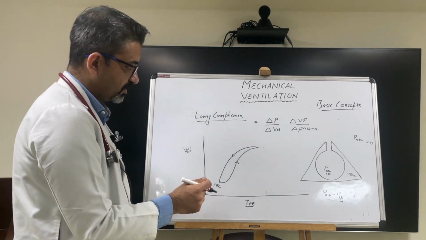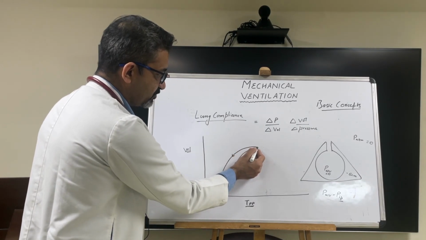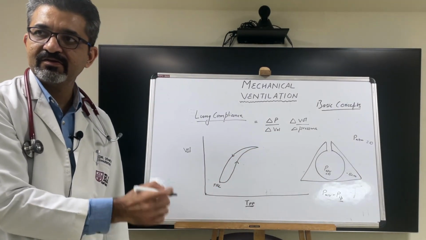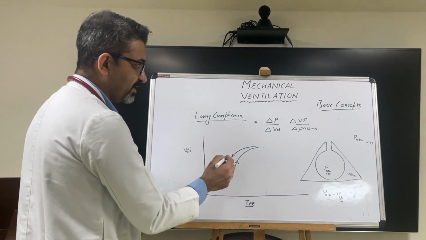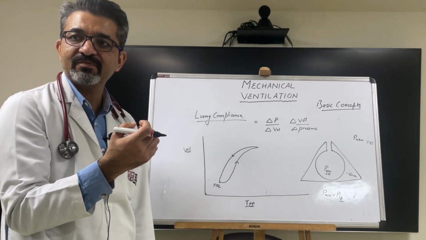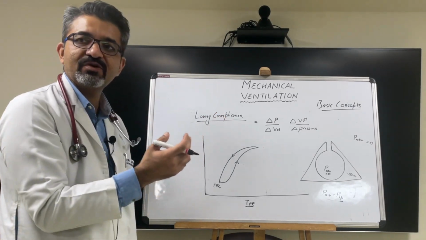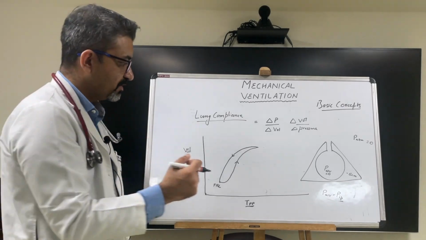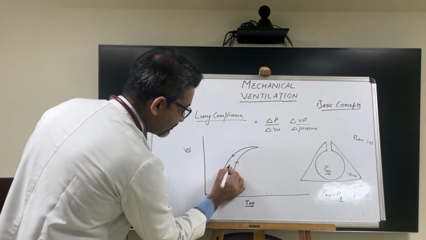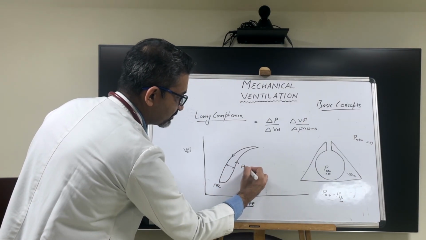Conventionally, our mind says that the expiratory line should follow the inspiratory line, right? But it is not so. Why? Because when you inspire, you need more force for alveolar opening. In expiration, you don't require alveolar recruitment or opening. That is why there is a difference, and the difference between the inspiratory line and the expiratory line is known as hysteresis.